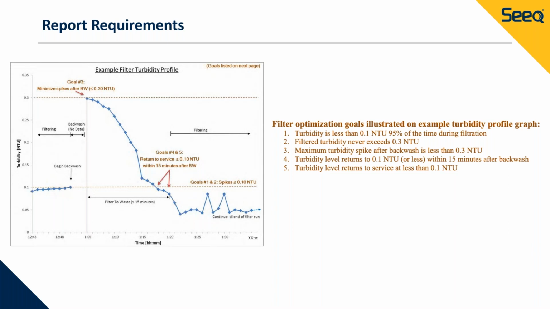So being able to show when the process is operating in certain modes or certain stages is a key requirement to this report. Additionally, we needed a way to identify whether or not the filters were meeting those certification goals or requirements. And we can see those goals listed on the right of the trend. So these are just some of the basic requirements that we need to be able to include in that final report.